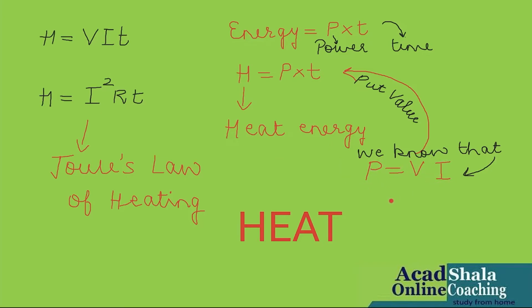When we know P is equal to VI, we will quote the value of P is equal to VI in this formula. That means instead of P, I will write VI. So after quoting the value of P in this, I finally got the formula H is equal to VIT. Got it? So this is the formula for the heat.